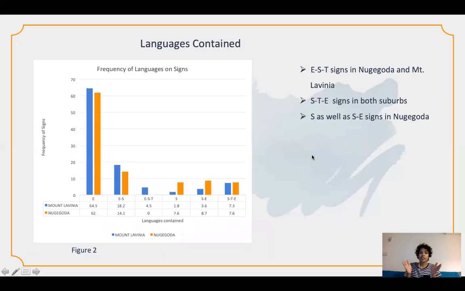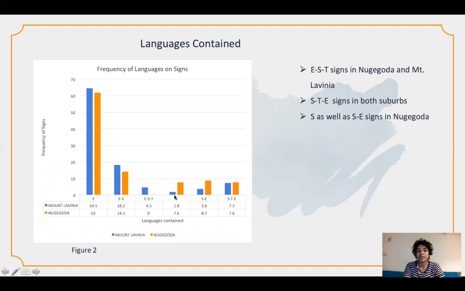Right. So, languages contained. As you can see, monolingual English is heavily present in both suburbs. English and Sinhala again are present. Interestingly, this format of English, Sinhala, and Tamil was only present in Mount Lavinia.